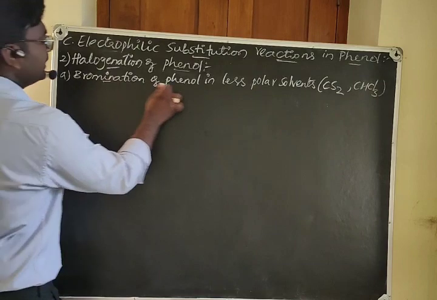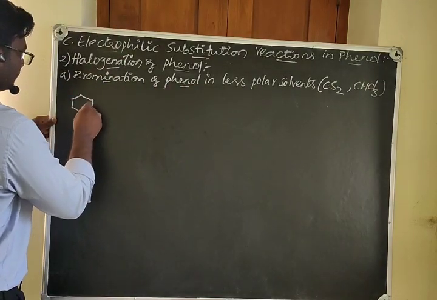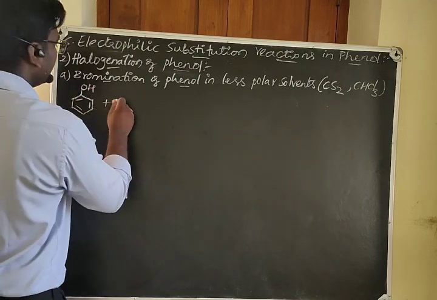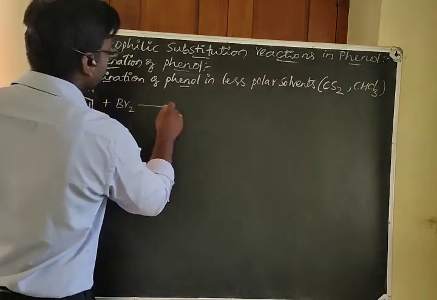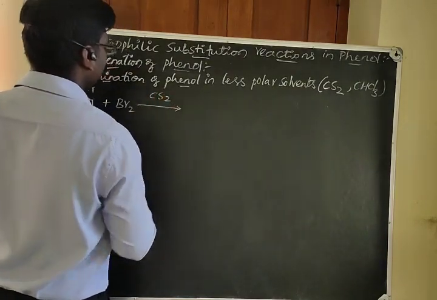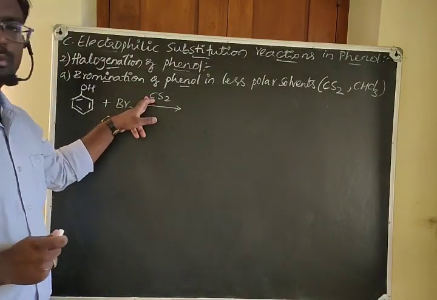Let us consider this reaction. Take the phenol and treat this with bromine in the presence of carbon disulfide. That is bromine in carbon disulfide. It is a less polar solvent.